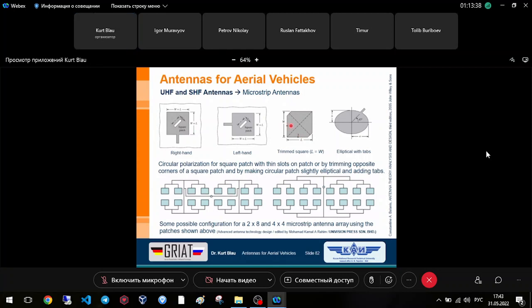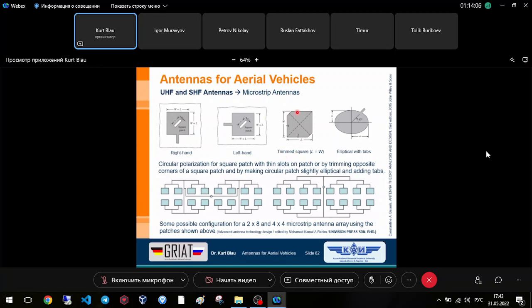You can use the feed points a little bit more inside if you use this as a single element for circular polarization. But normally, in the case of an array, you have to feed on the edge with a microstrip line, but then you have to insert a transformer to match it to a special wave impedance.